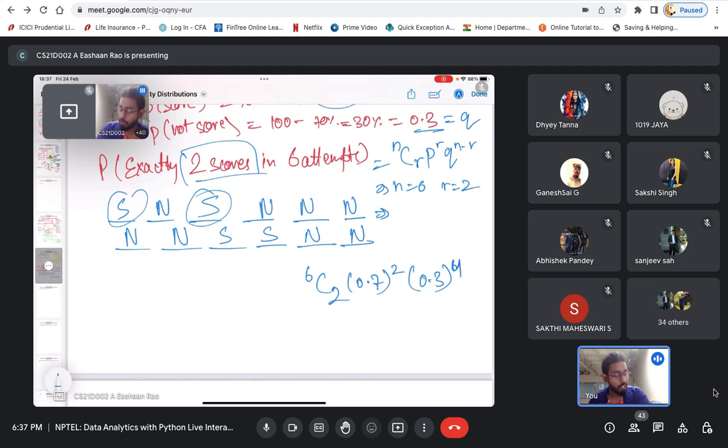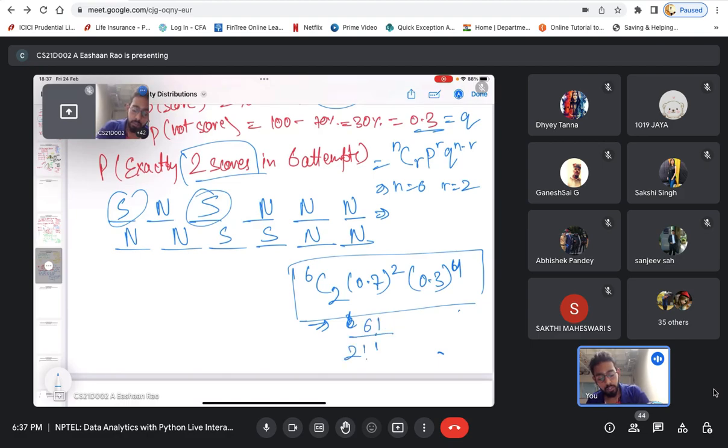Whatever value I get, I will apply that. Whatever question I solve, I will solve it here, or at most I will apply a little combinatorics where I will say 2 factorial, 4 factorial, and we just have to calculate the value.